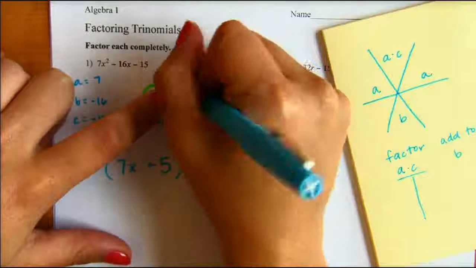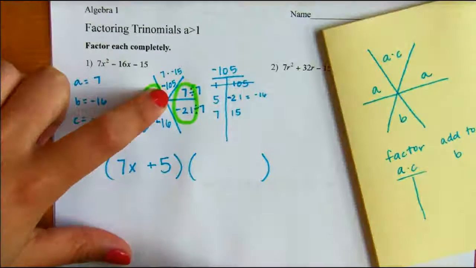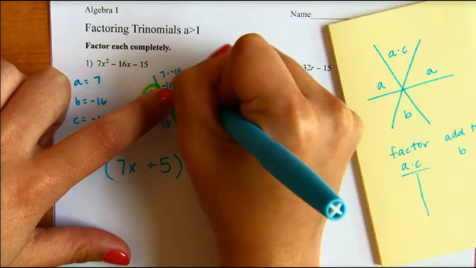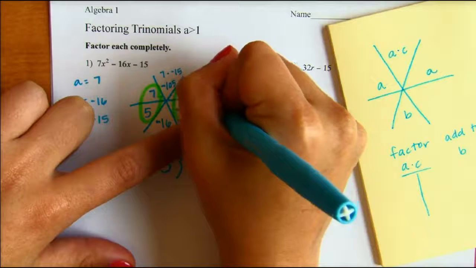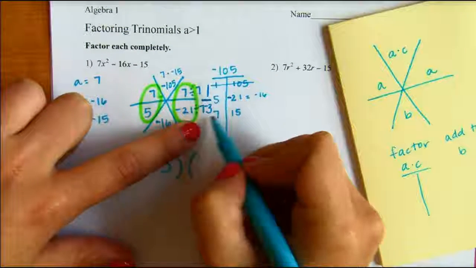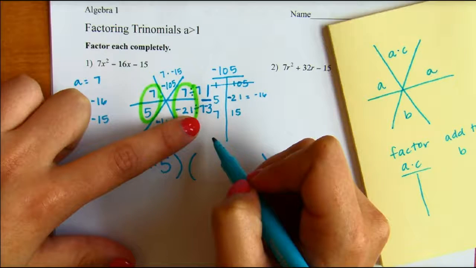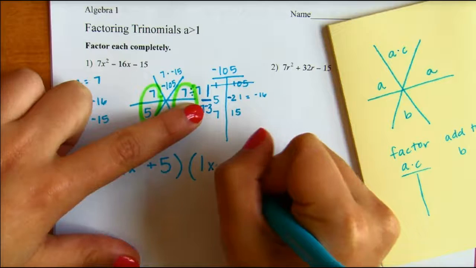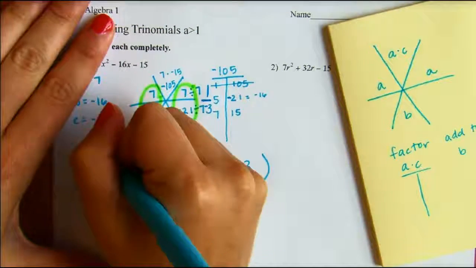Yeah, both can be divided by 7. 7 divided by 7 leaves me with 1. Negative 21 divided by 7 leaves me with negative 3. So this is going to be my new fraction, 1 over negative 3. So I'm going to put the 1 in front of my x, and then I've got a minus 3. And that will be my final answer.